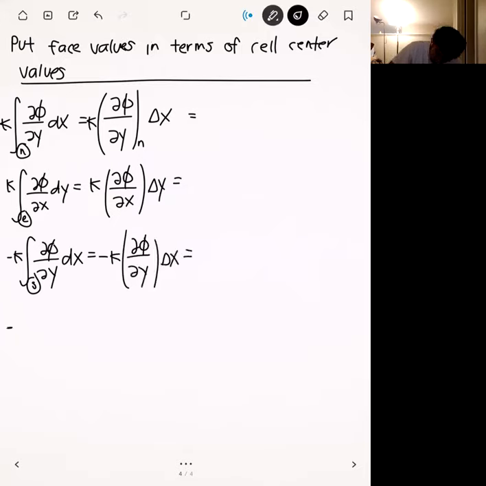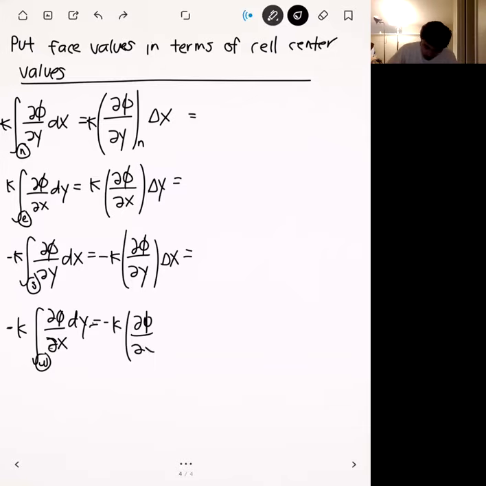Okay, we have minus k on the west face partial phi partial x dy. Okay, and this is equal to minus k partial phi partial x delta y. Okay. All right, so here are our four integrals, and now we want to put them in terms of the cell-centered values.